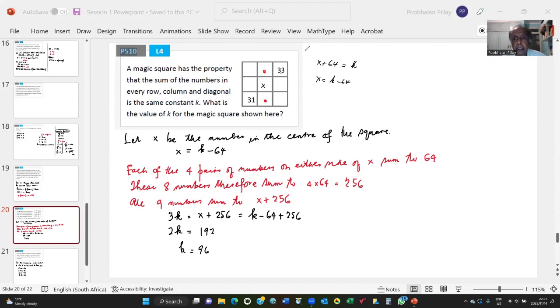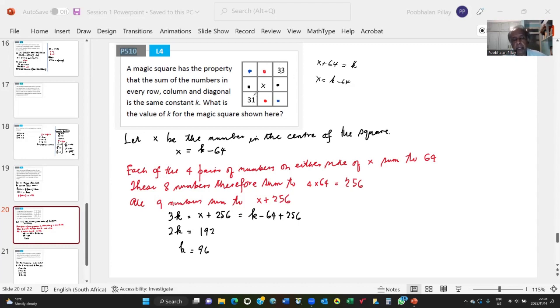And if you add those two numbers, you're going to get 64 again, because the 3 numbers together with X gives you K. And then finally, if you add these two, you're going to get 64.